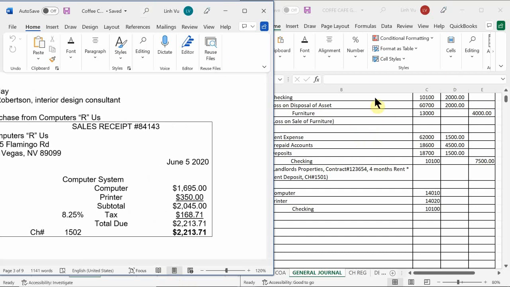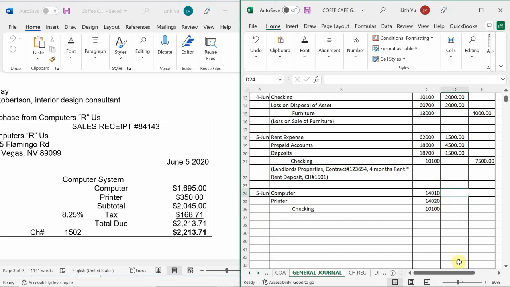Now in this case, how much did I buy my printer for? 350. Oh, that's my printer. Okay, so $350. How much did I buy my computer for? $16.95. Okay. Now, if I add these two numbers together, I'm only going to get a total of $2,045, which is my subtotal.